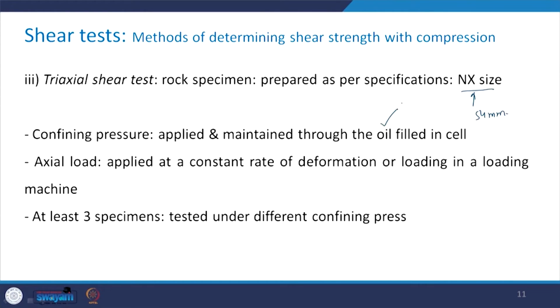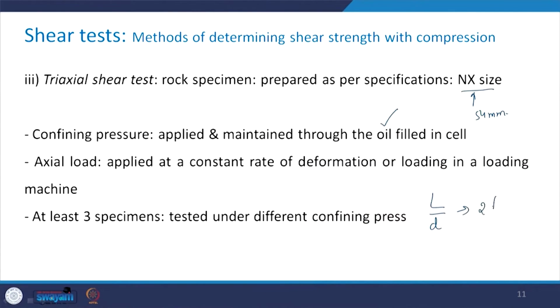The axial load is applied at a constant rate of deformation or loading in the loading machine. As we do in the case of soil, here also we will test at least 3 specimens, and these will be tested under different confining pressures.